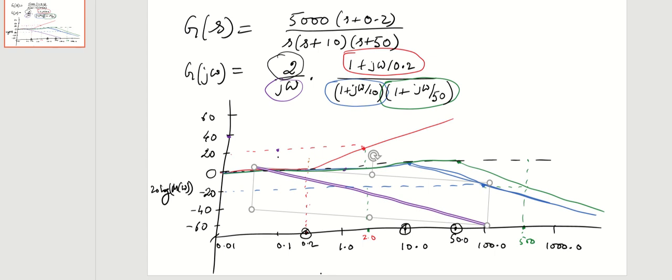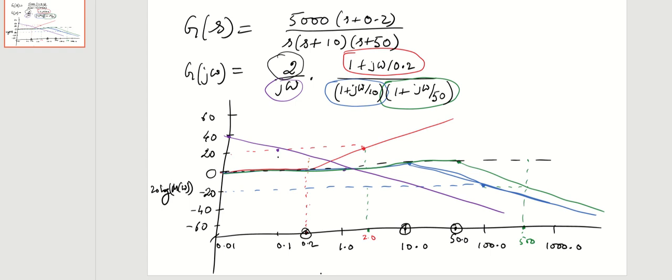Let me just get rid of that. Draw that purple line. That was the integrator. So now we want to draw the combined effect of all of these, again using a different color, such as this.